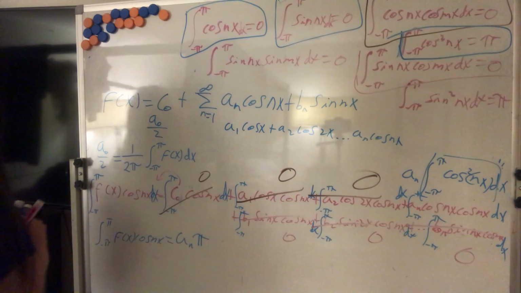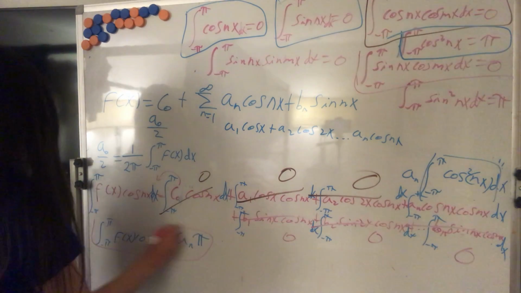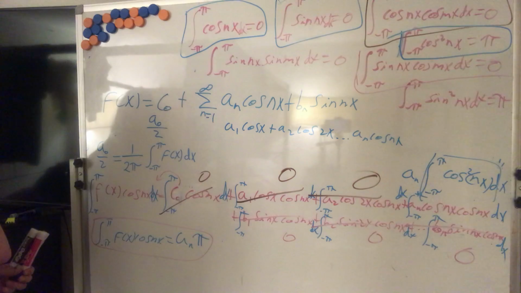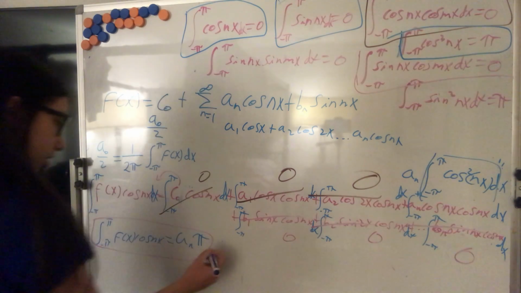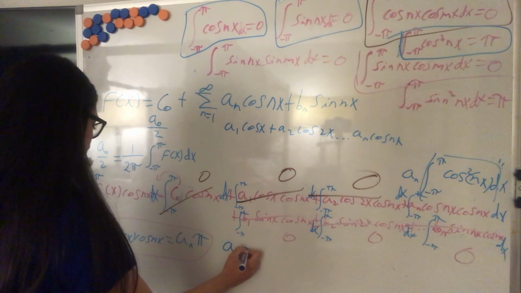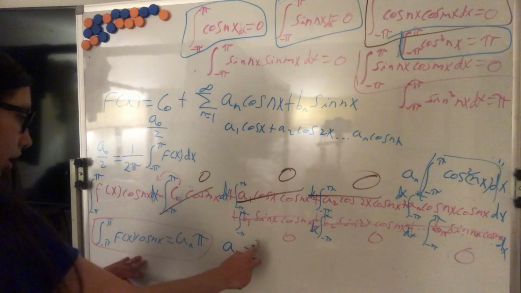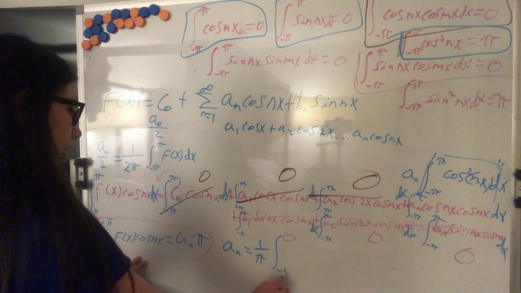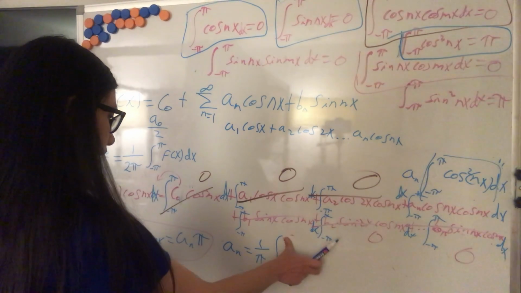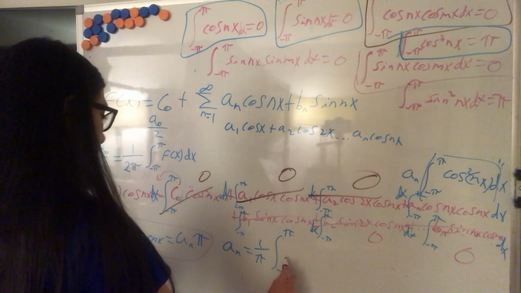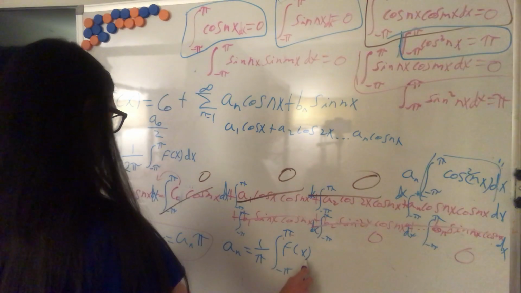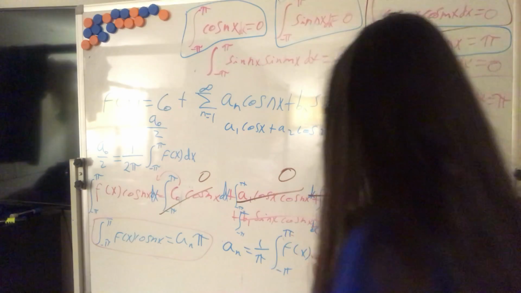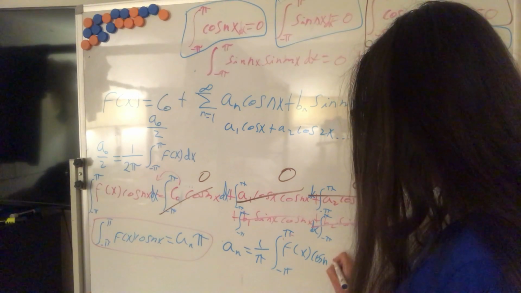So I just have this equation, and this leaves me with a sub n being equal to 1 over pi times the definite integral from minus pi to pi of f of x cosine of nx.